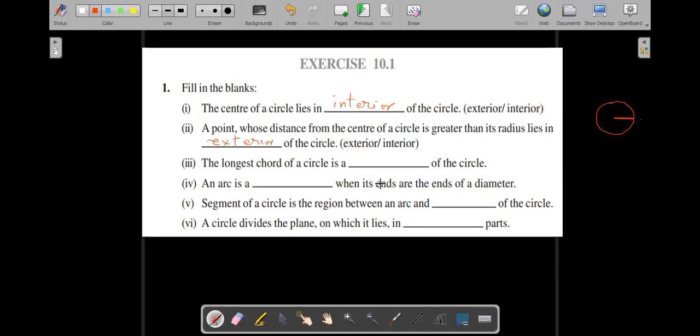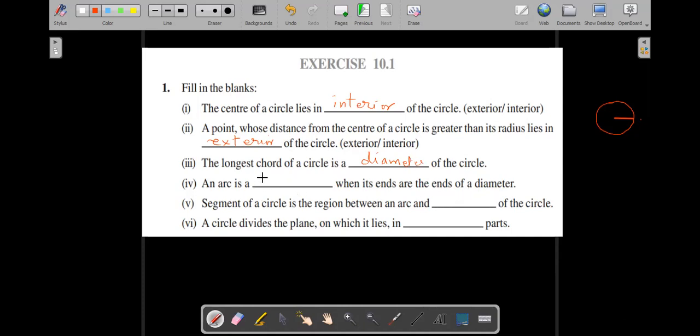The longest chord of a circle is a diameter. An arc is a semicircle when its ends are the ends of a diameter.